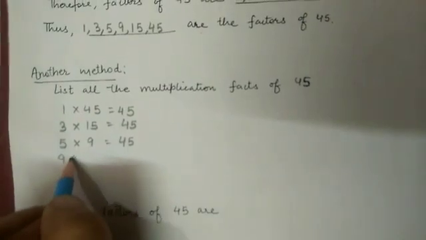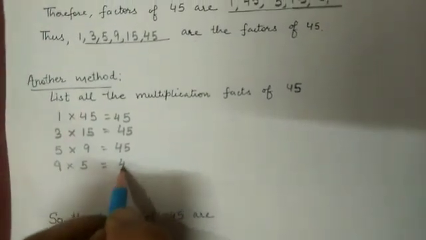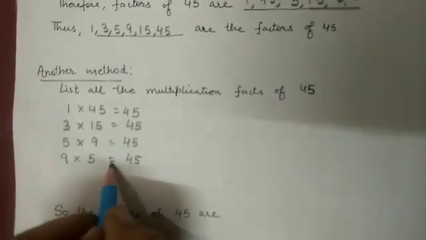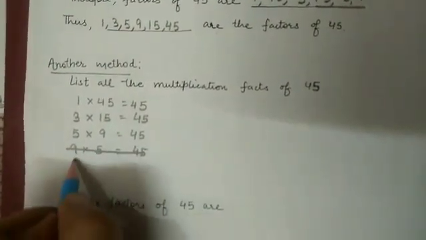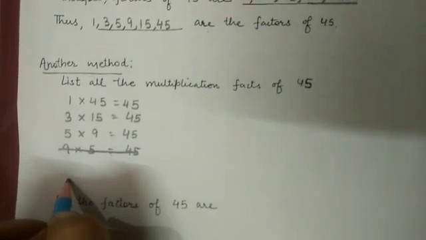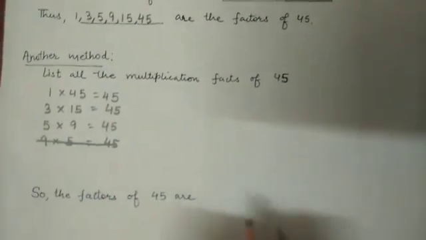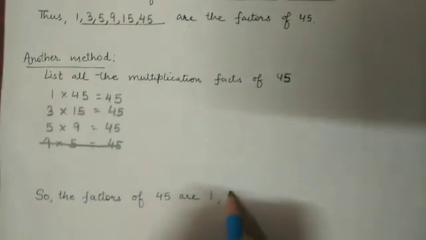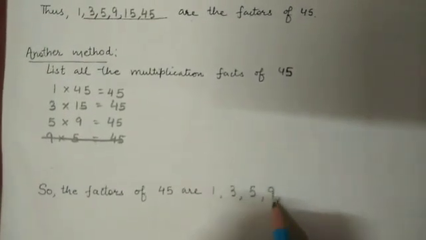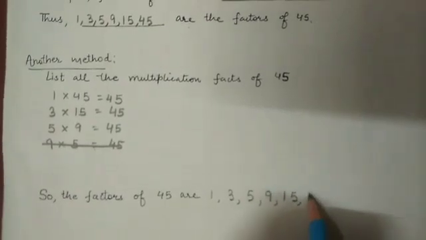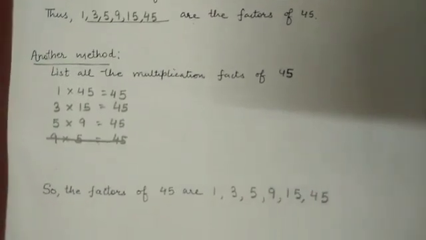And then, 9 multiplied by 5. When we get the same multiplication fact, put a line here. It means now we will get the repeated factors. So now write here: factors of 45 are 1, 3, 5, 9, 15 and 45.